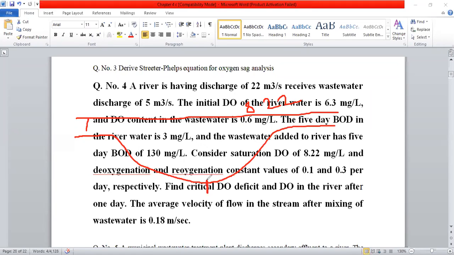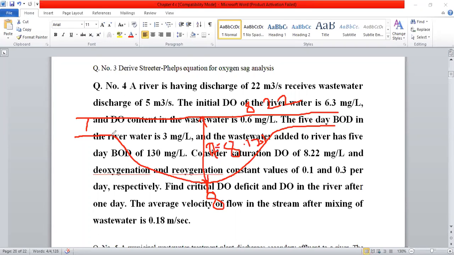Okay, so what is the critical dissolved oxygen deficit we have calculated? It is the difference between these two. It is DC, and that DC is nothing but 8.121. Then the dissolved oxygen deficit at time t at 1 day.